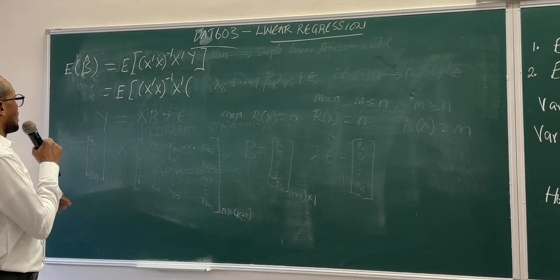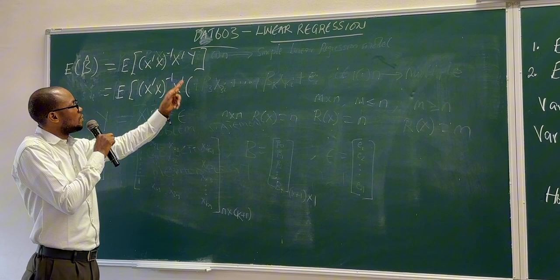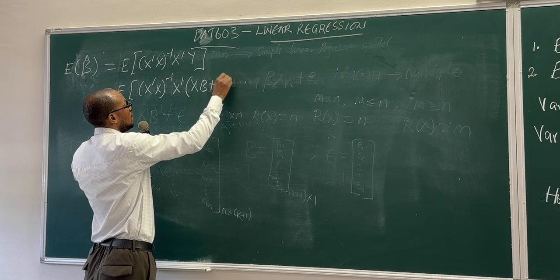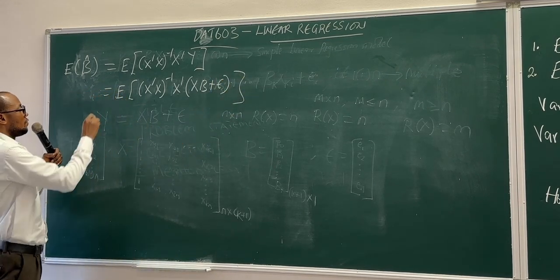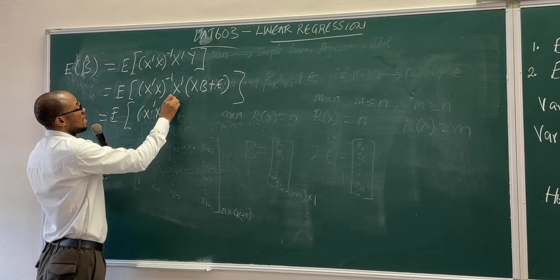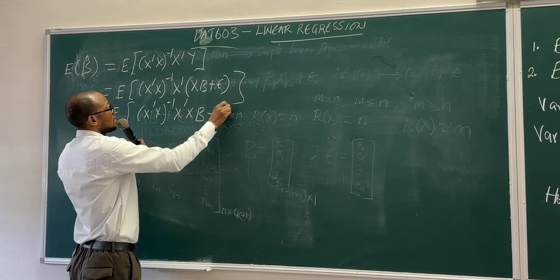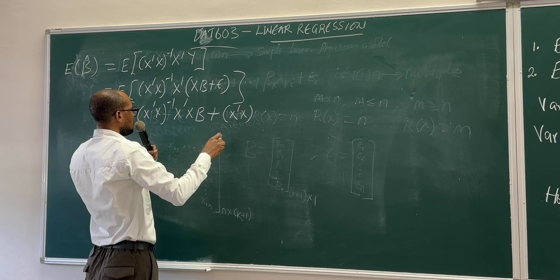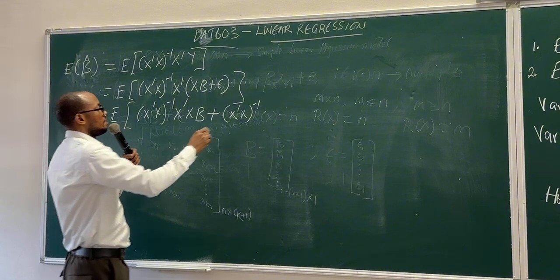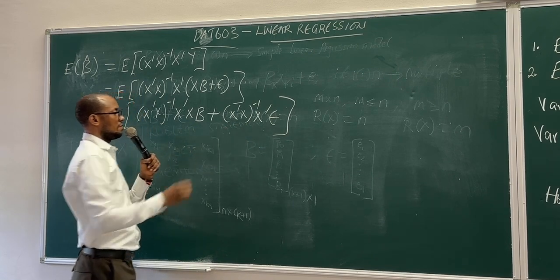Now, if you come here, we have x transpose x inverse, x transpose y. But we already know that y is X beta plus e. So if we expand this, we're going to have the expectation of x prime x inverse x prime of x beta plus x prime x inverse x prime e.